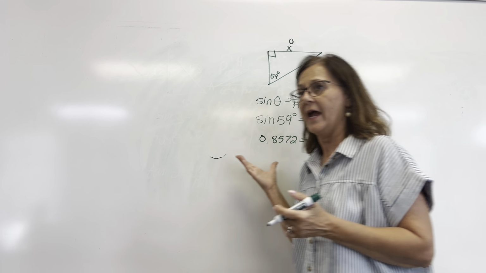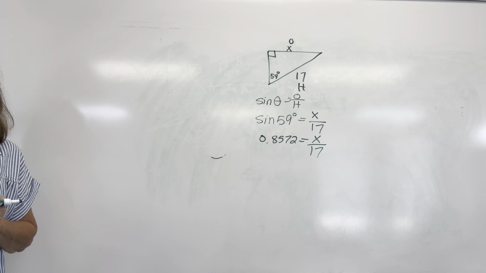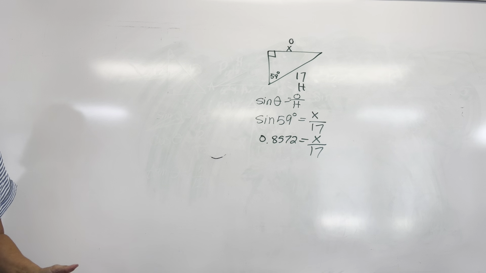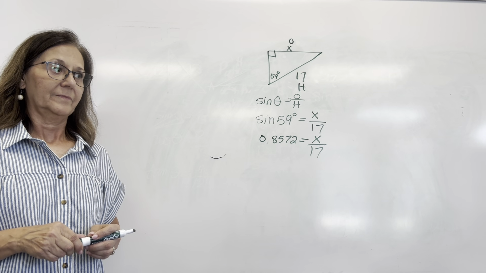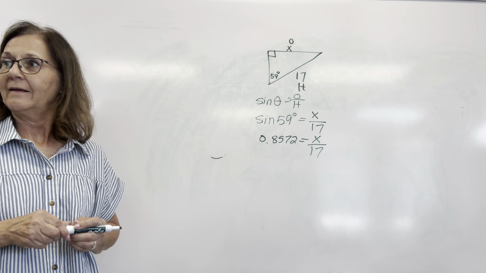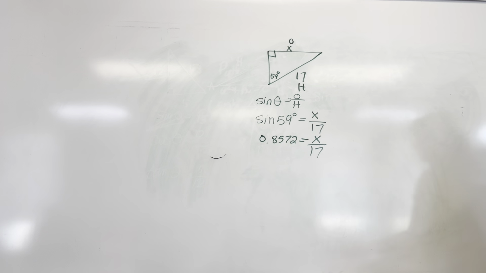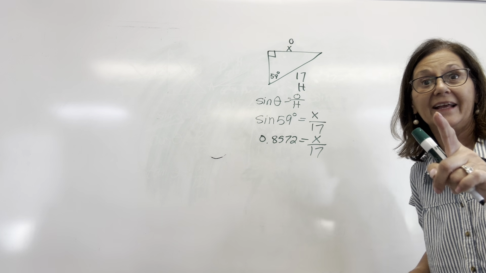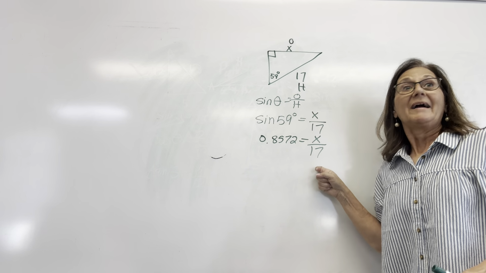How do I solve for X? This is algebra. I want X equals. How do I get X equals? Do I divide or multiply? Multiply. Why do I multiply? Because the 17 is underneath. It's already divided.